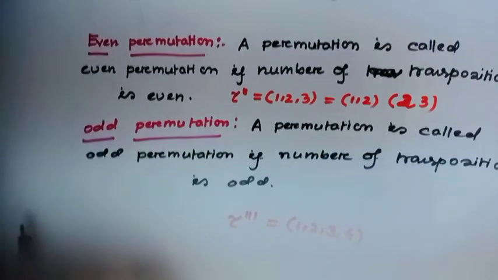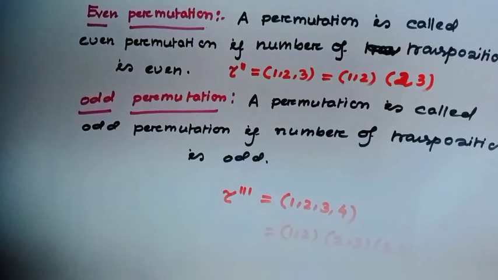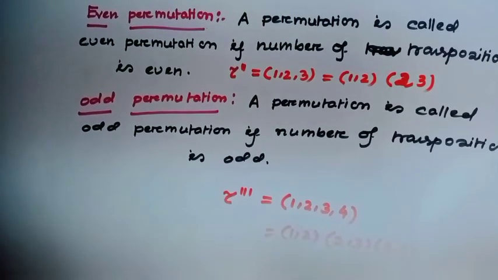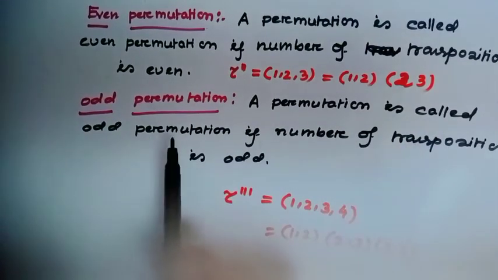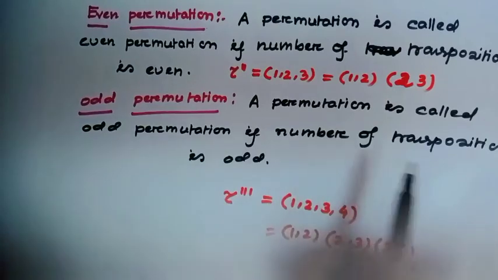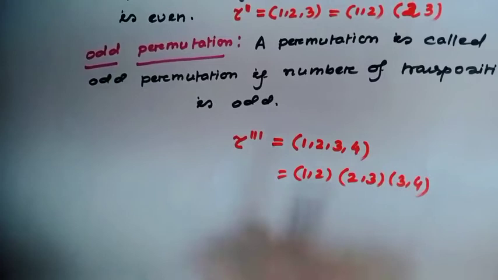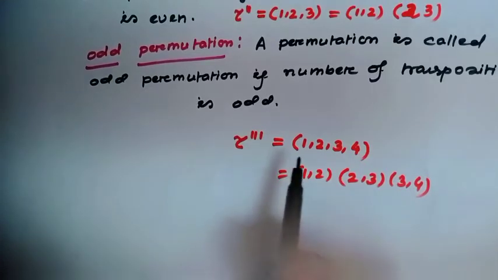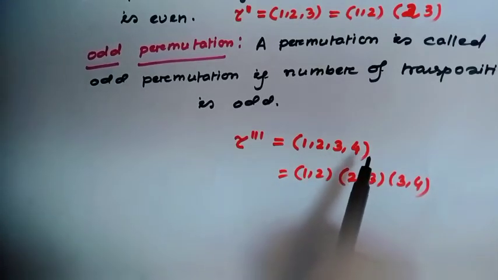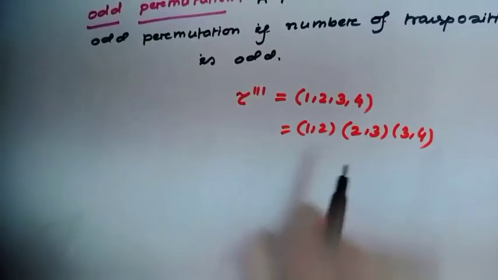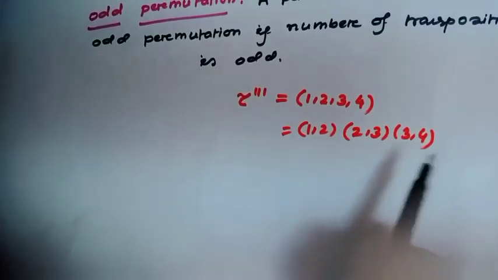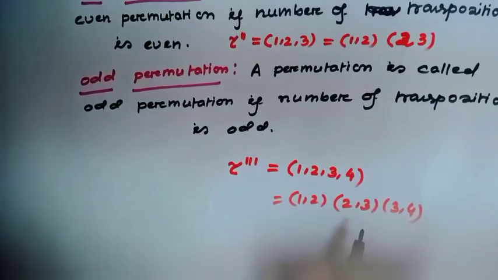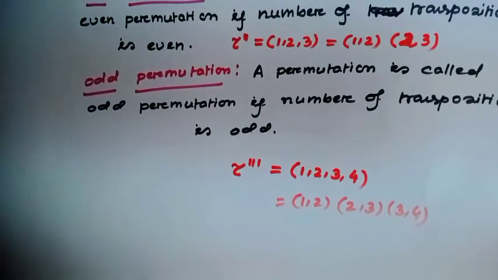Well, let's see odd permutation. Similarly, a permutation is called an odd permutation if the number of transpositions is odd. Look, tau triple prime equal to (1 2 3 4). Here the length is even, but the number of transpositions is 3. So this permutation is called an odd permutation.